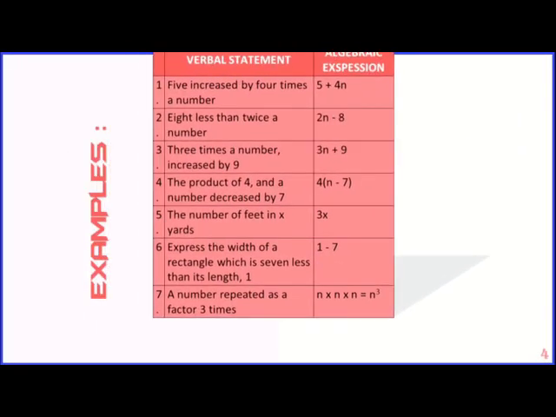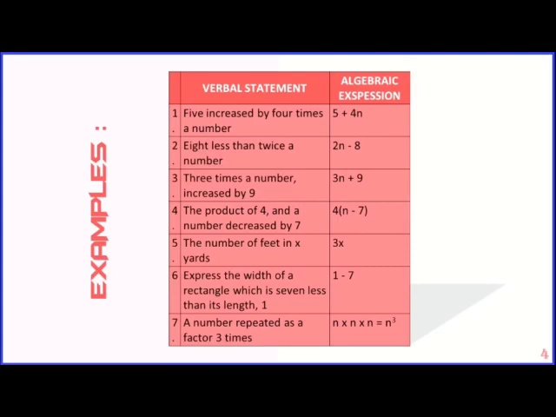Next, there are examples between verbal statement and algebraic expression. First, 5 increased by 4 times a number. In algebraic expression is 5 plus 4 times n. Second, in verbal statement there are 8 less than twice a number.